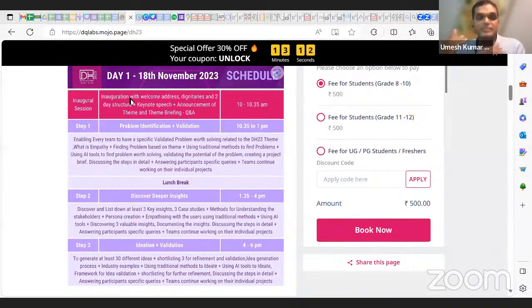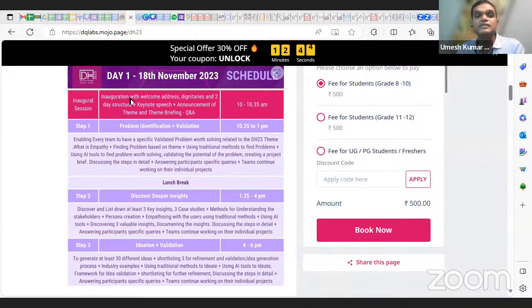Each step will begin with a small education slot, which briefs all the participants about that step, its importance, and how to go about it, followed by a small workshop showcasing how we can use AI tools to accomplish that step, and followed by a panel discussion.